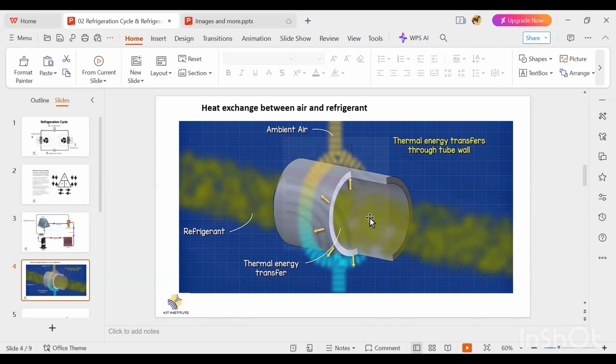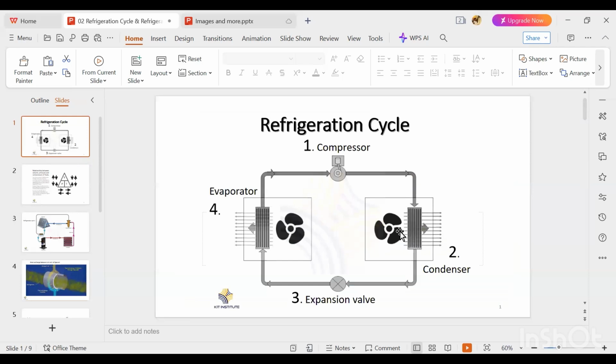What is on the inside of the pipe is the refrigerant, and outside the pipe is the air. I'll go back to the condenser coil. At the condenser coil, refrigerant is coming into these pipes, which are all put together, very hot.